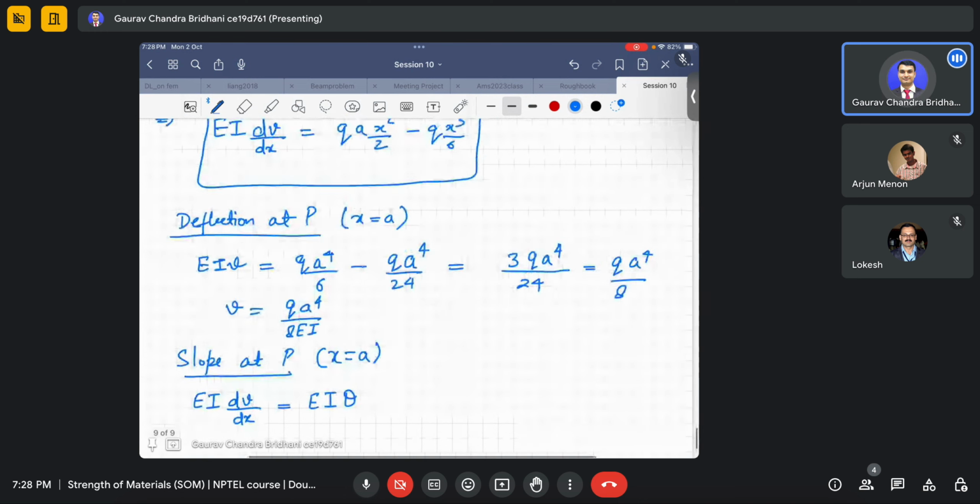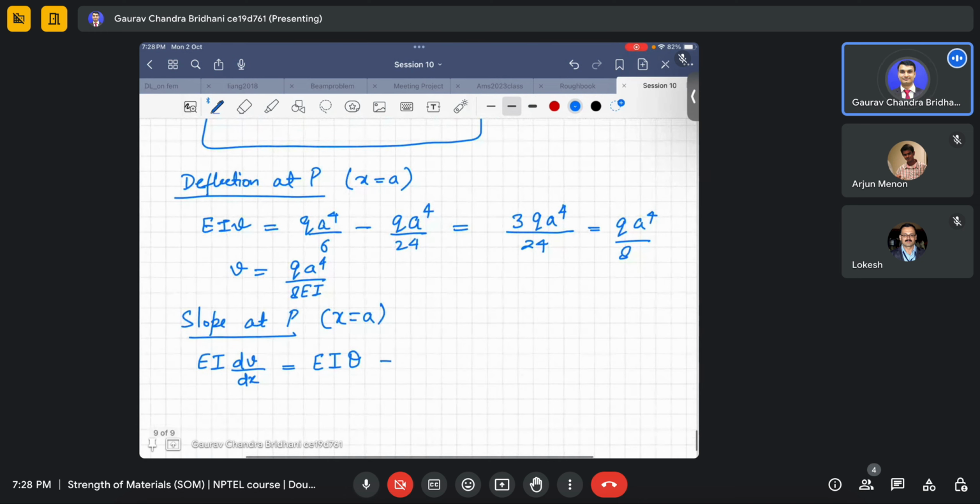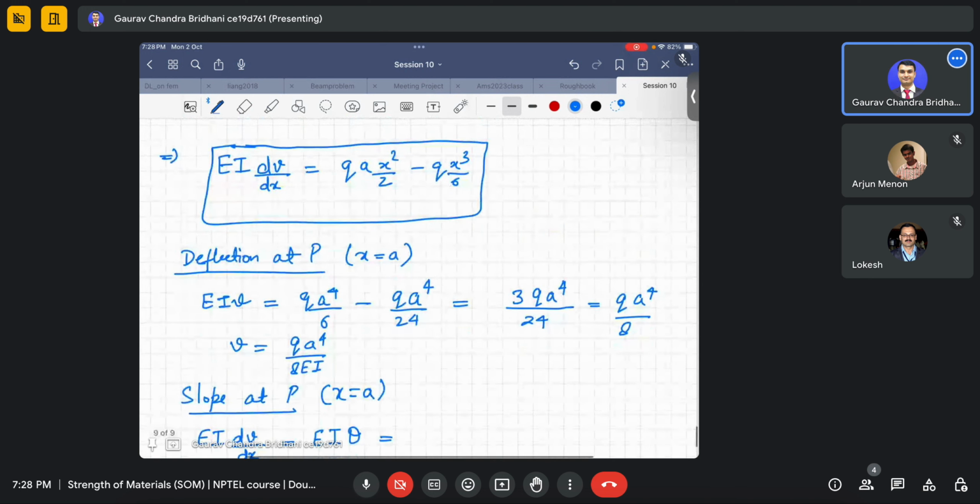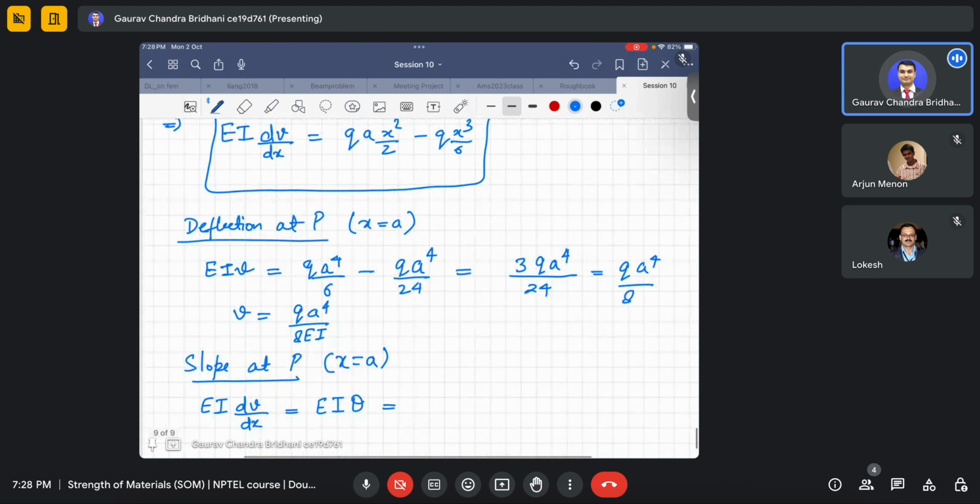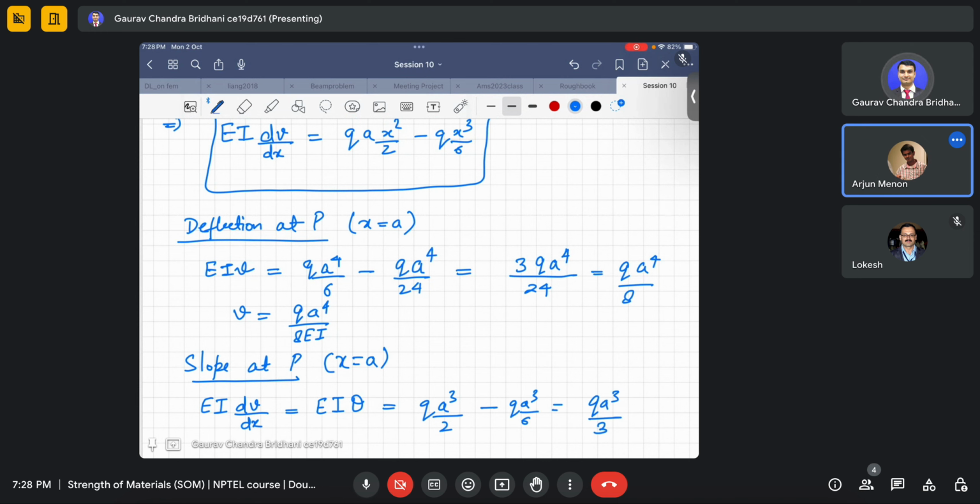So EI theta is equal to, now we'll use the formula and put a where the x is: QA cube by 2 minus QA cube by 6. So if we do that, it will be QA cube by 3.